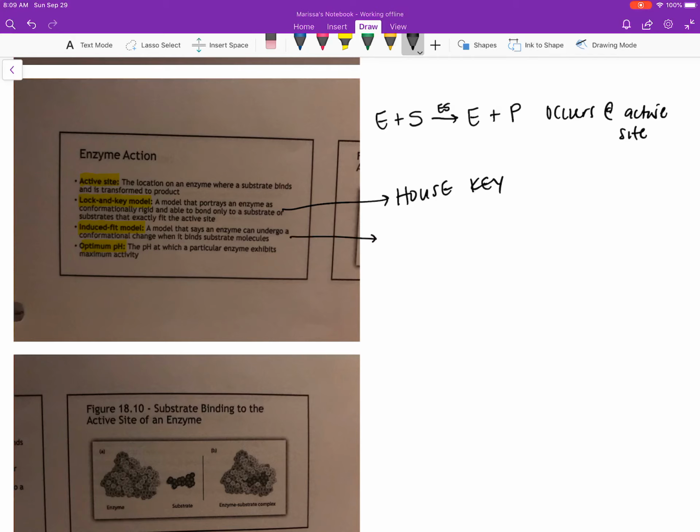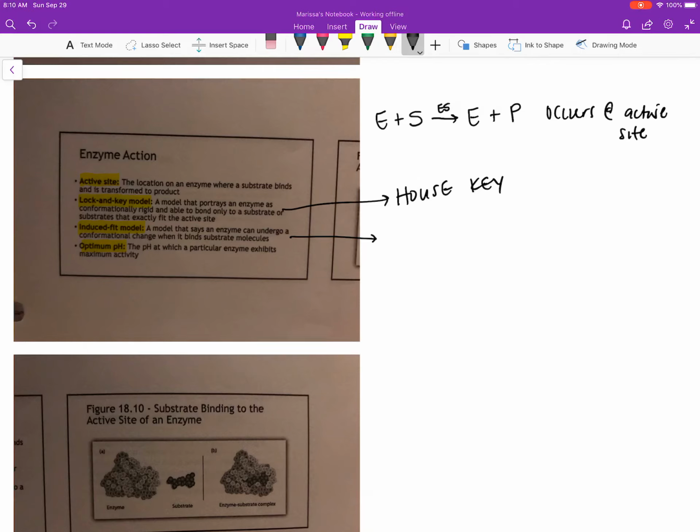Now, induced fit model is where the enzyme undergoes a conformational change when it binds to the substrate. Okay, and so this is going to be where the enzyme will basically change its shape in order to induce the reaction it's trying to induce.